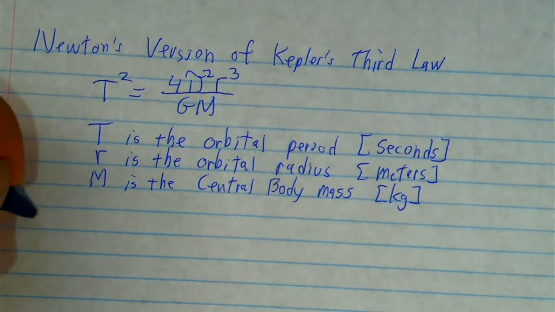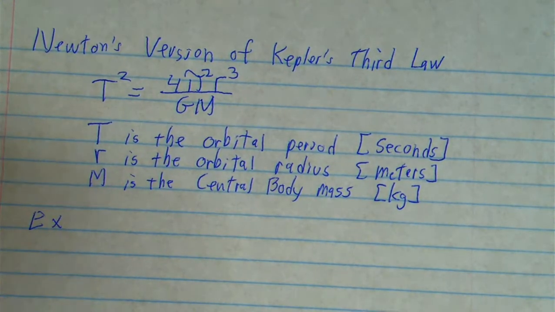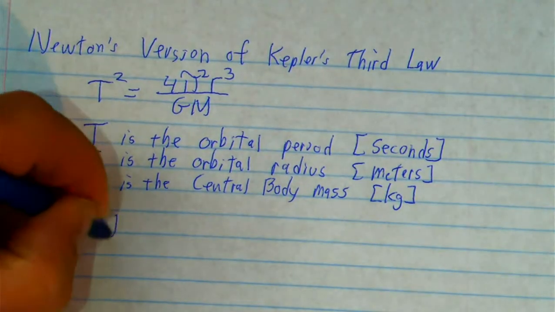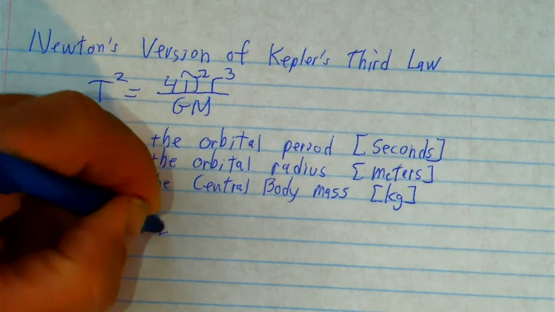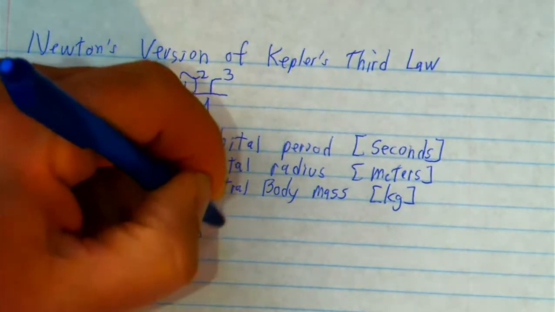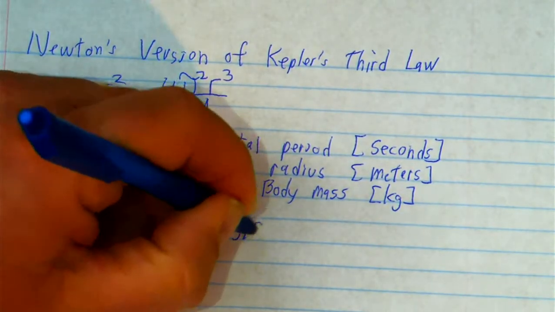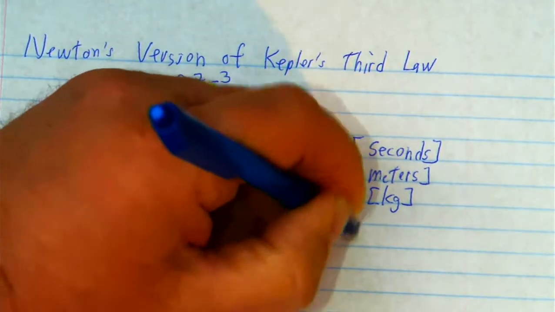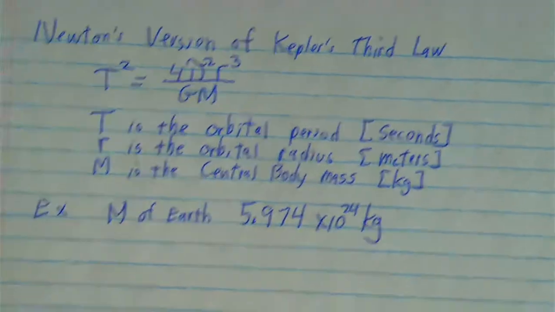So let's do some sort of random example. All right, so we're going to make up a random example. And for this example, we're going to use the mass of the Earth per student request, which I remind you is 5.974 times 10 to the 24th power kilograms.